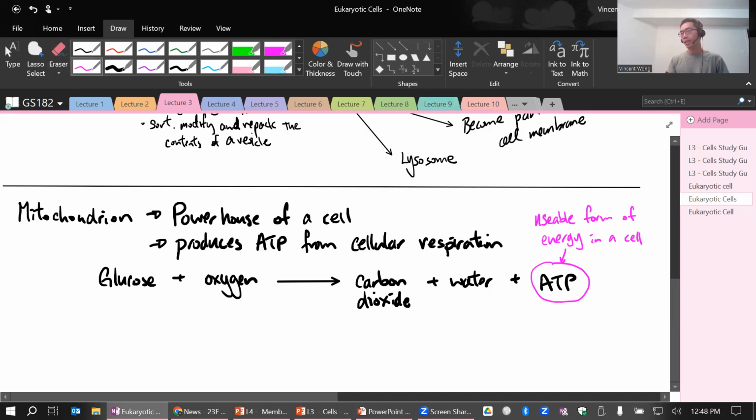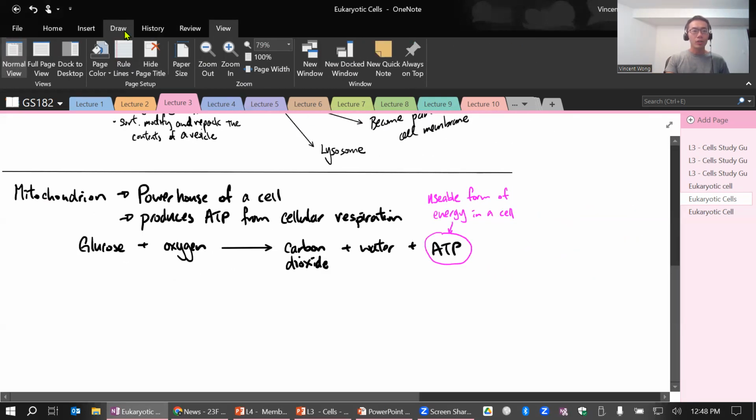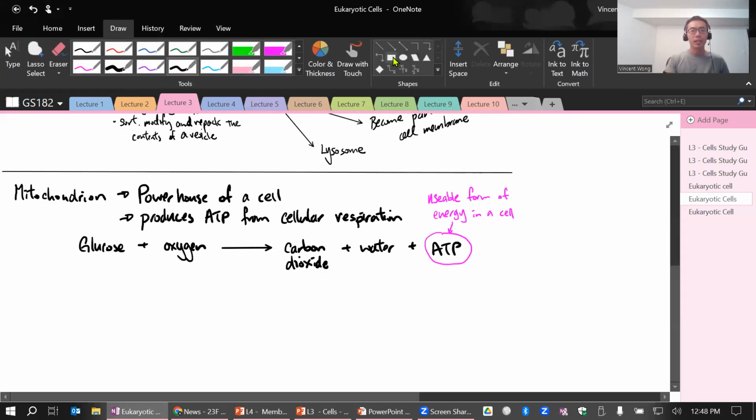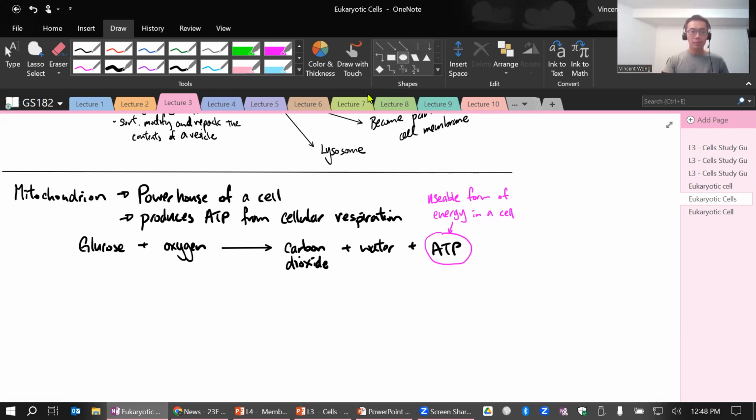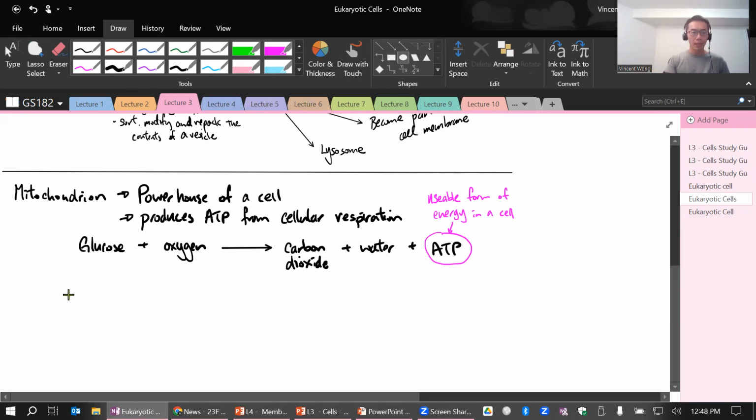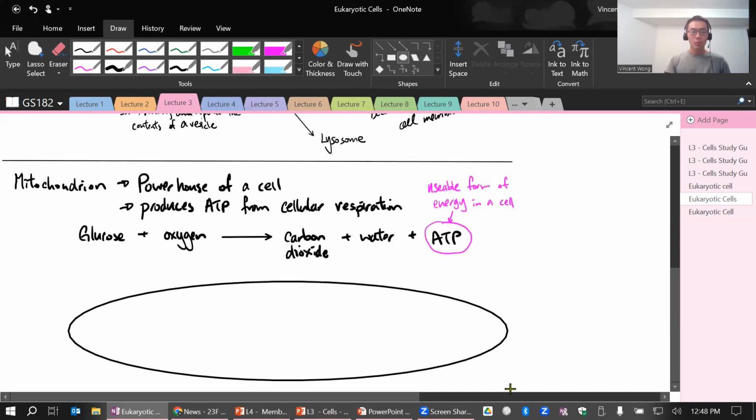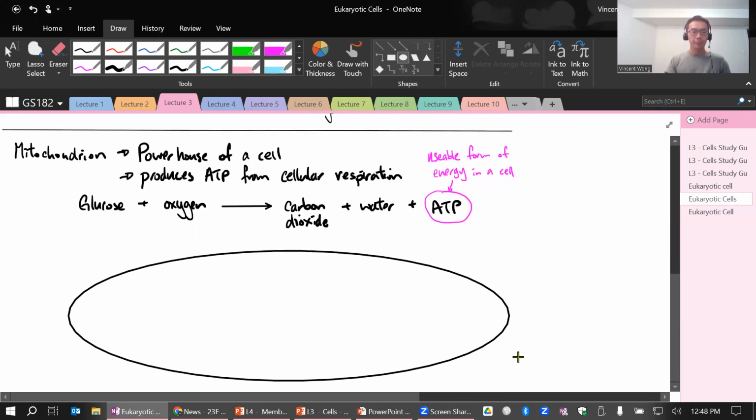We'll talk more about this in lecture 5. So let's take a look at the structure of the mitochondria. Knowing the structure is going to be important later on in the course when we discuss the process of cellular respiration. You kind of have to know where things are happening and so on and so forth.